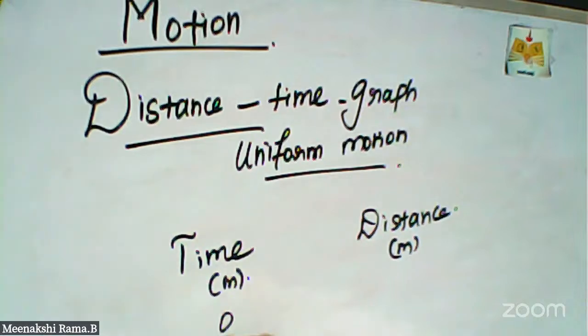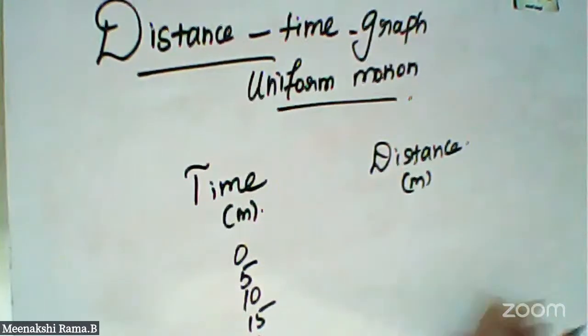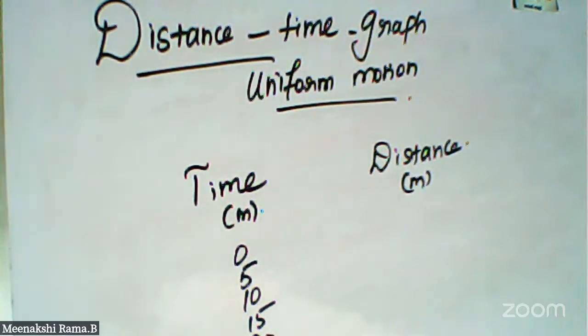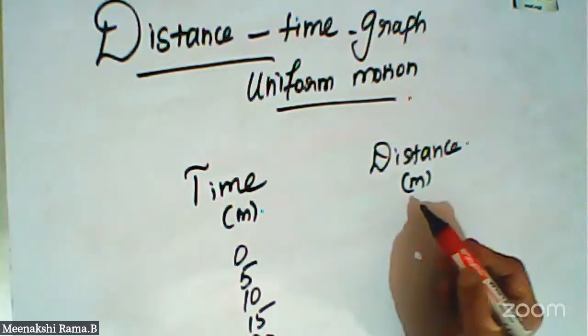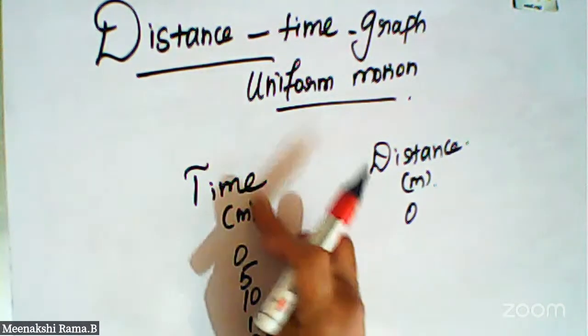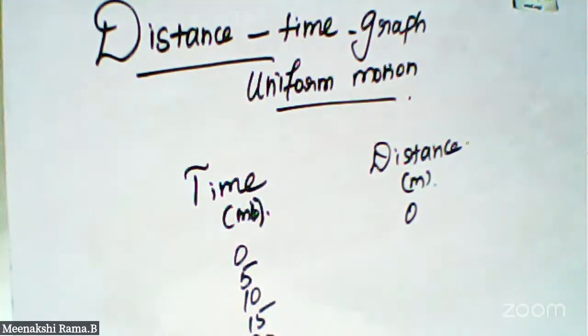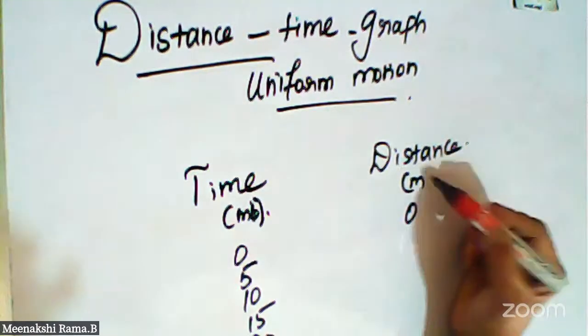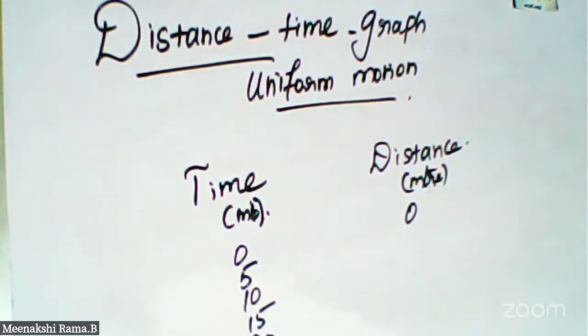For example 0, 5, 10, 15 and 20. So the time schedule is increasing in fives: 5, 10, 15, 20, 25 like that. Yes, he crossed the distance also. Distance is mentioned in meters and time is mentioned in minutes.